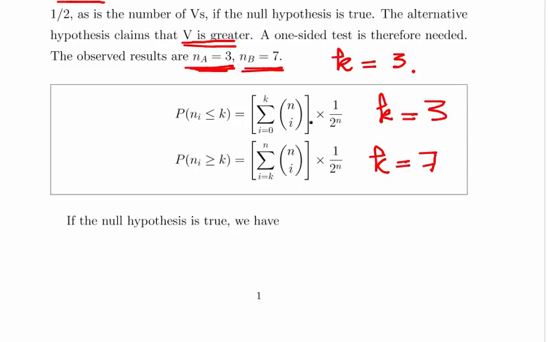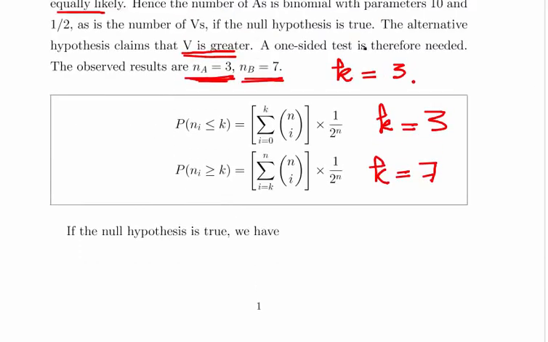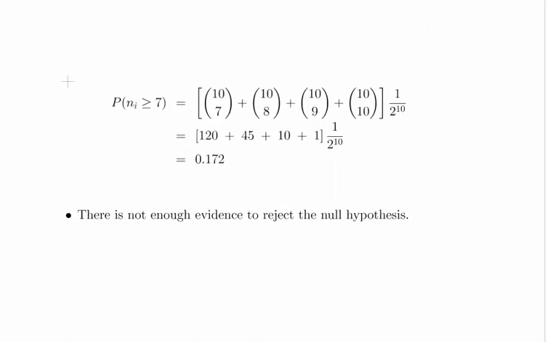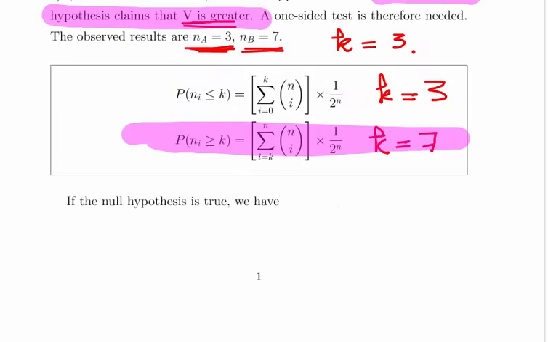We're going to use the top one here, which does format with how we specify the alternative hypothesis, but mathematically the other one is exactly the same. By the way, this is a simplification of the binomial probability density function, or the cumulative distribution function.